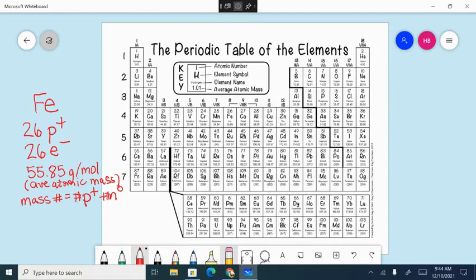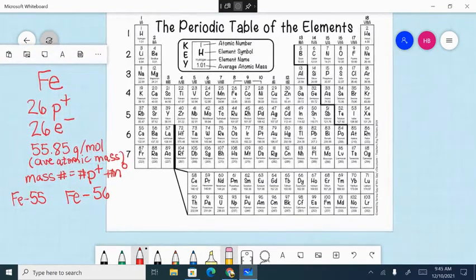That means that there's not a single atom that has a mass of 55.85. You either have iron 55 or iron 56. There's some other isotopes too, but we don't need to worry about all of the isotopes.